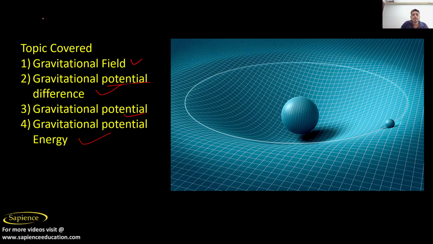For example, in place of gravitational, it will be replaced by electrical potential, electrical potential energy, and electrical field. You need to understand this. If the concepts are clear for these four topics, then definitely it will be very helpful for class 12. I hope you have understood why I am focusing on this chapter. So try to understand each and every topic one by one.